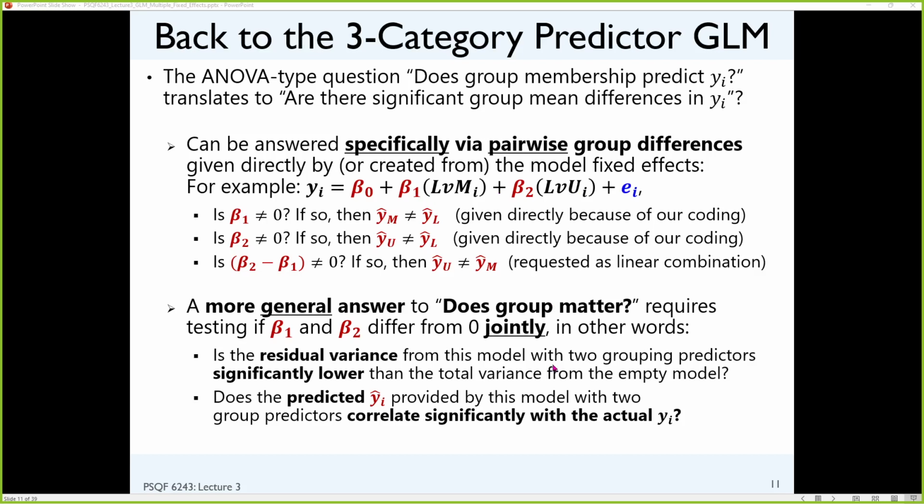Did the prediction work? So that's 3 different ways of describing the same phenomenon. Do beta 1 and beta 2 work together jointly? Do the effects of beta 1 and beta 2 on the residuals make the residual variance smaller? And does the outcome that's predicted by this model correlate significantly with the real one?